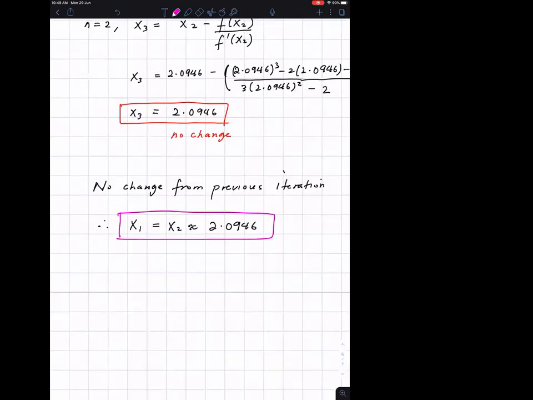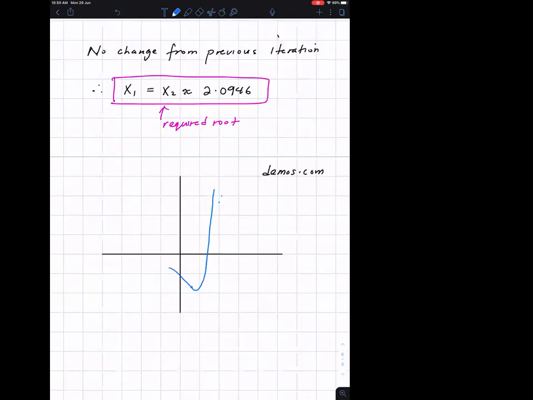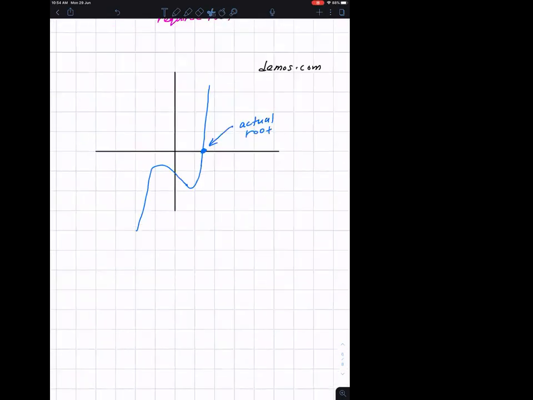So the required root is something like this. So this is the root. Any question? Any question?